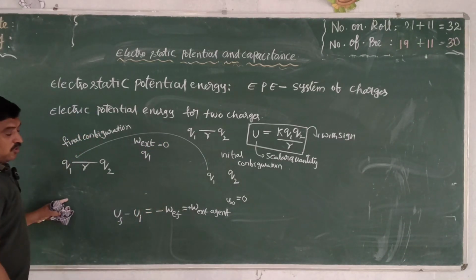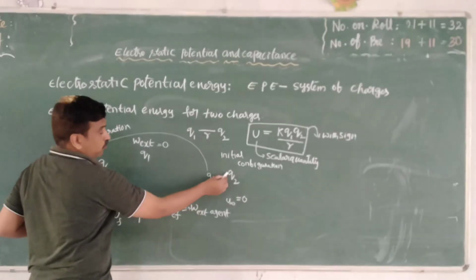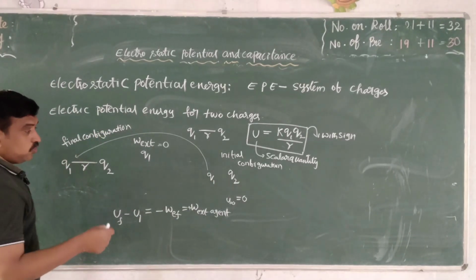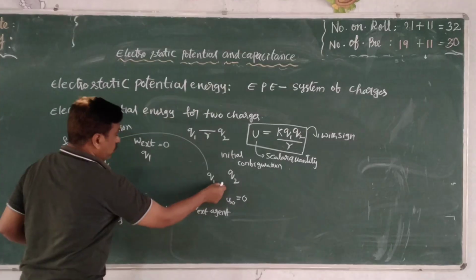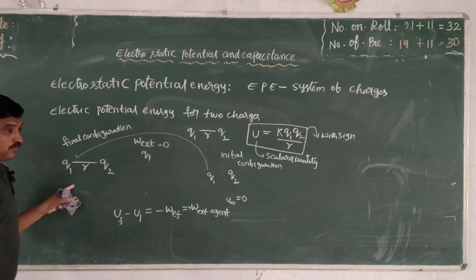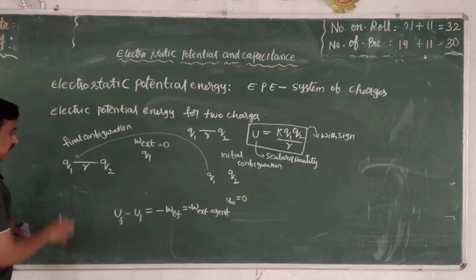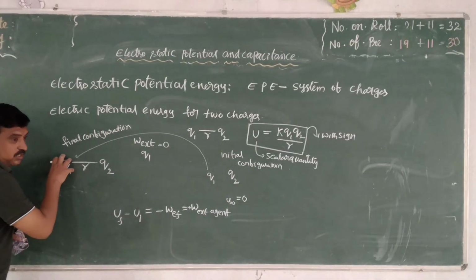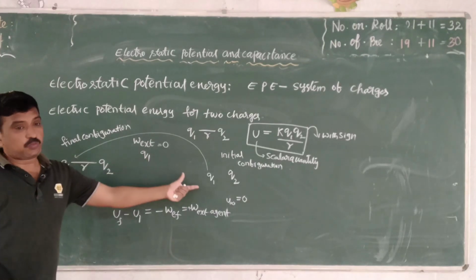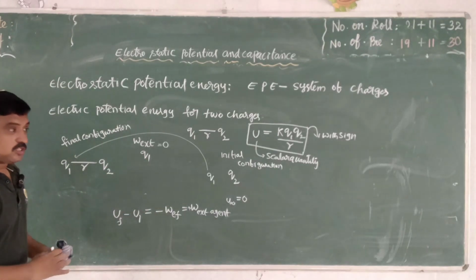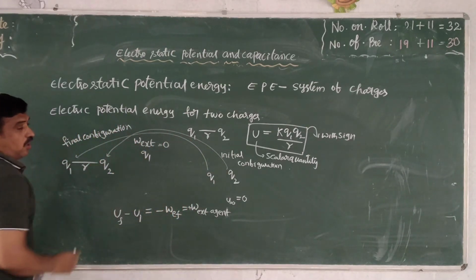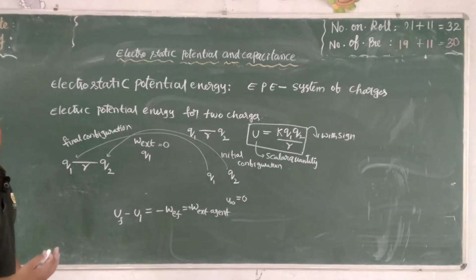Now q2. Work done by external agent in bringing q2 charge from infinity to a required distance from the first charge. Due to the q1 charge, some electric field and potential is there. It is positive, so it repels. So for bringing q2 here, we have to do some external work.